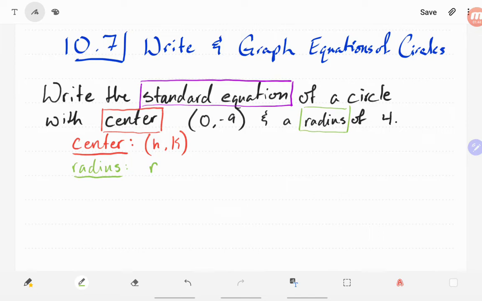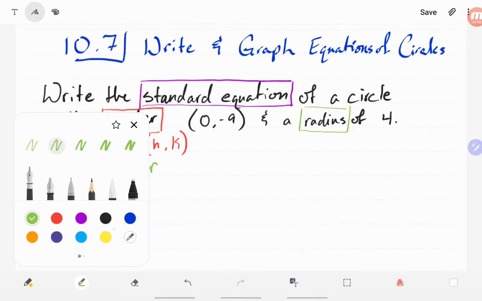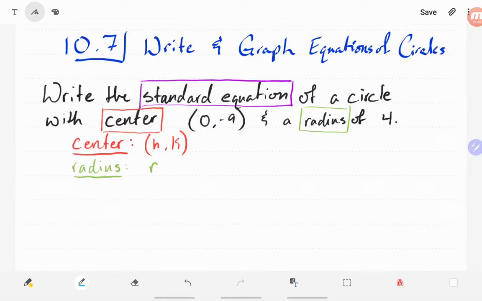Okay, so to do this, we're going to need to know what the standard equation of a circle is. So if I had a circle that was centered at the origin, okay, so our center is at 0, 0, and we've got just some circle doing something like this, right?